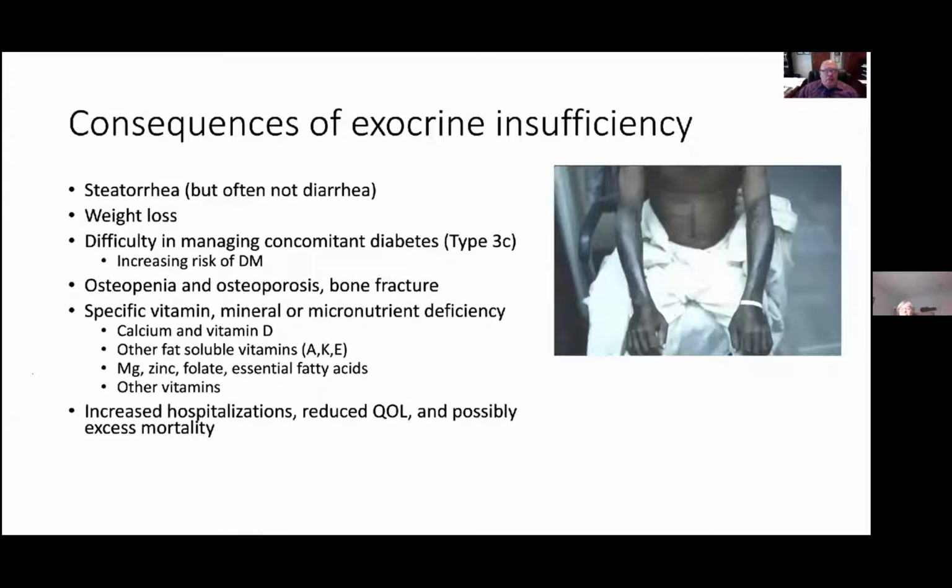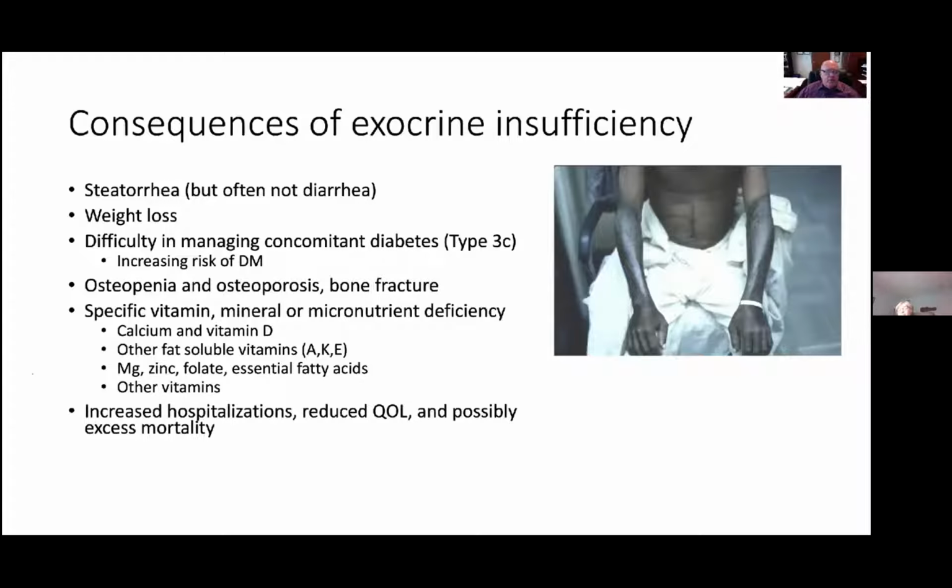So let's turn now to exocrine insufficiency. Obviously, the reason we want to treat it is to prevent the various consequences. These patients commonly have steatorrhea, but interestingly, they may not have diarrhea. Weight loss is relatively frequent, and they often have difficulty managing concomitant diabetes if it's present, since nutrient absorption is less predictable.